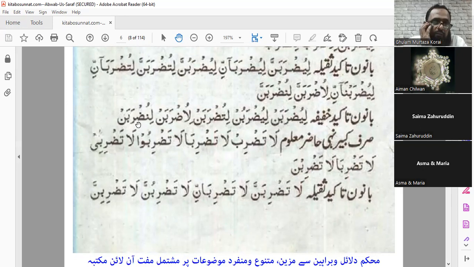Okay, then we come to Sarf Kabir Nahi Hadir. Now this Nahi Lam, Lam, Alif, is totally different from how we make the negative, like La Yadribu, La Yadribani, La Yadribuna, La Tadribu, La Tadribani, La Yadribna, La Tadribu, La Tadribani, La Tadribuna, La Tadribina, La Tadribani, La Tadribna, La Adribu, La Nadribu.